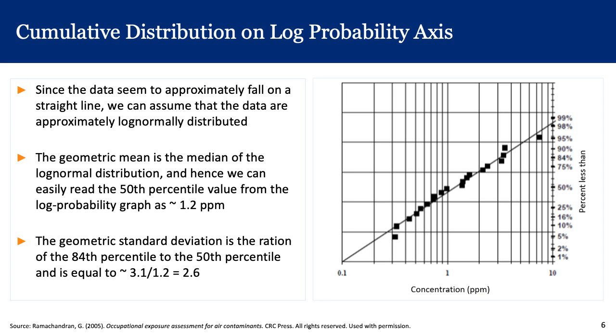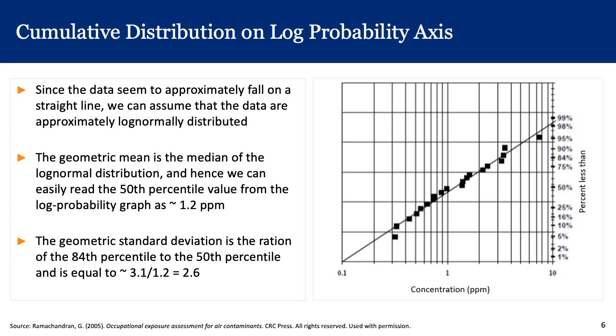And that is roughly 1.2 parts per million. If you recall, we had also calculated it exactly previously, and we got a number of 1.18 parts per million. So the visual approach is a lot easier to do. Plus, you get the added benefit of seeing the full distribution.